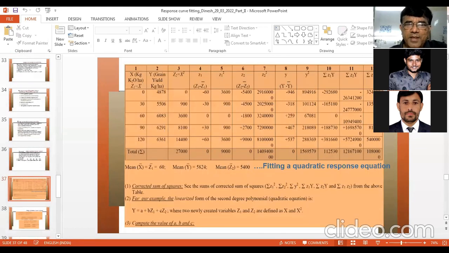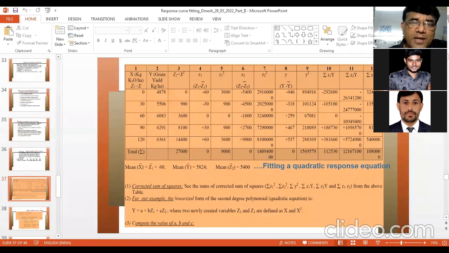Now you see, this is very important, how to fit a quadratic response equation. How to fit a quadratic response equation means you need to find out value of A, B, C. So this is manually, when you do by your calculator or by calculations, computer can do it in 5 seconds, but you will do it in 1 hour. So what are different steps to find out value of A, B, C?